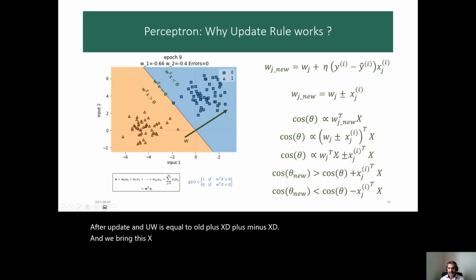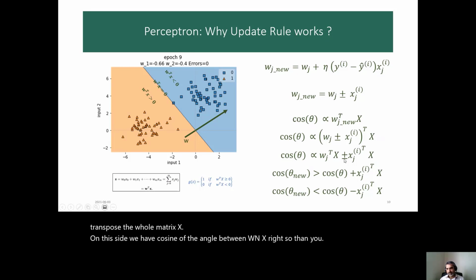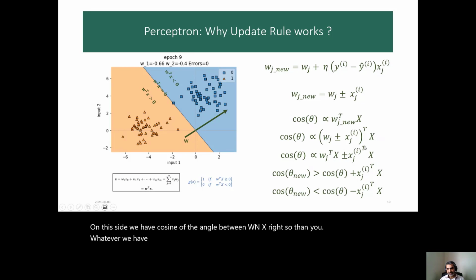W transpose X is the old thing plus minus something new, xj transpose the whole matrix X. On this side, we have the cosine of the angle between W and X, right? So the new value is W transpose X plus minus this amount.